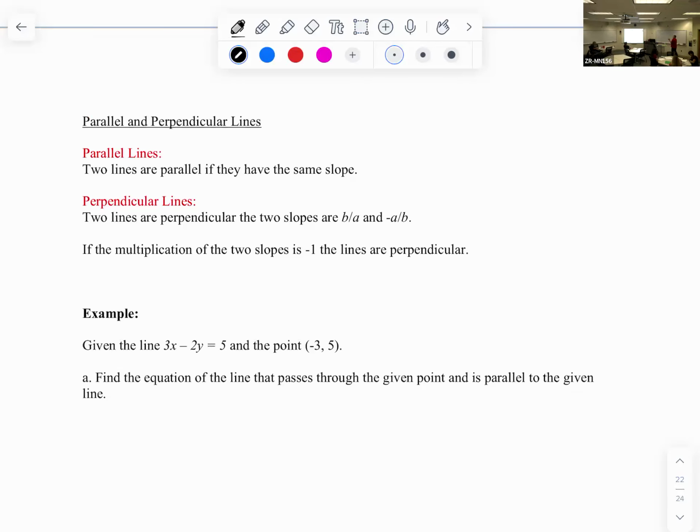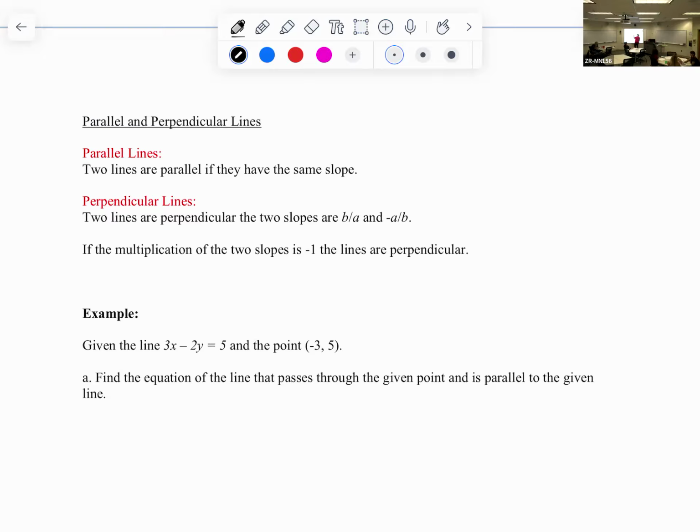Okay, parallel and perpendicular lines. With parallel and perpendicular, this is about how the slopes react. So if 2 lines are parallel, they have the same slope. That means they go on forever and never touch. Perpendicular lines have inverse reciprocal slopes.